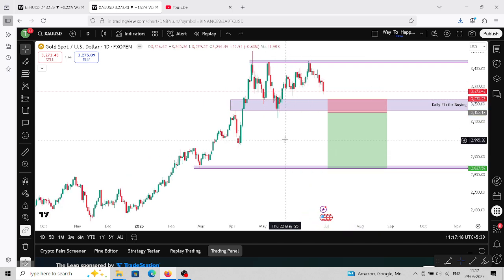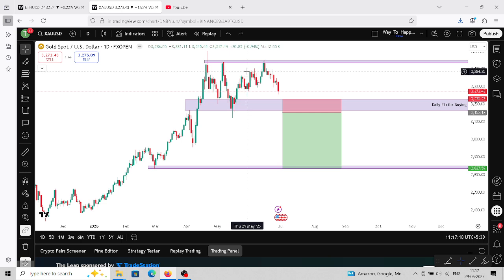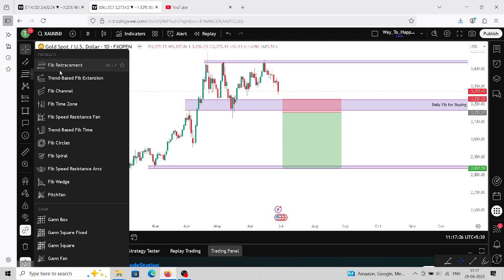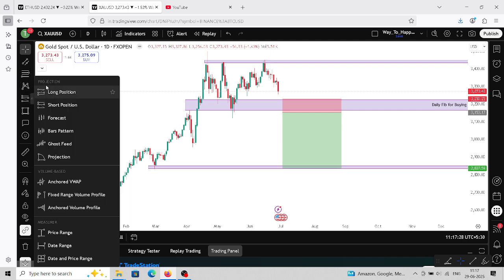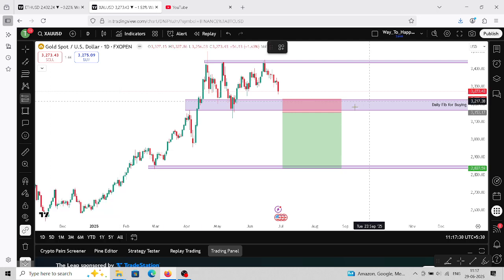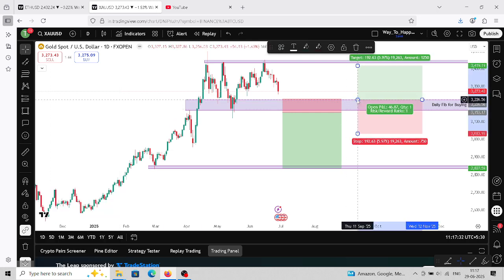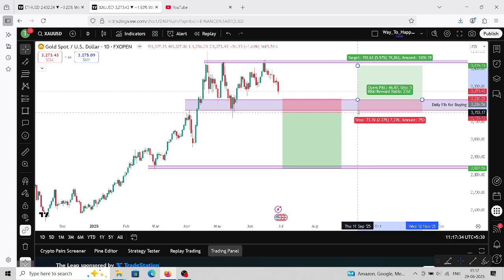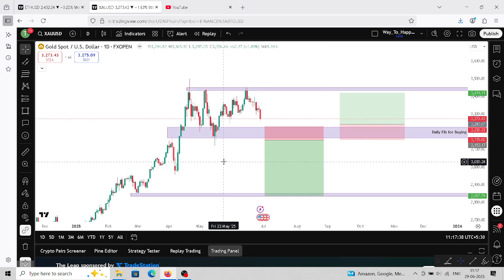Or the way I have started this, I have gone for this, where I am saying that gold will go like this again, and it will go till here.